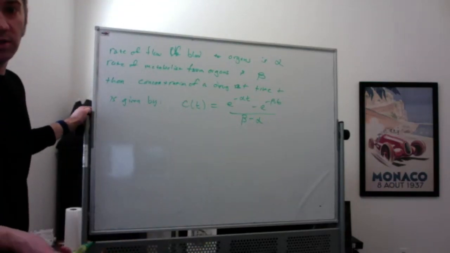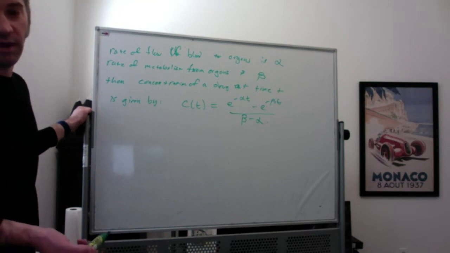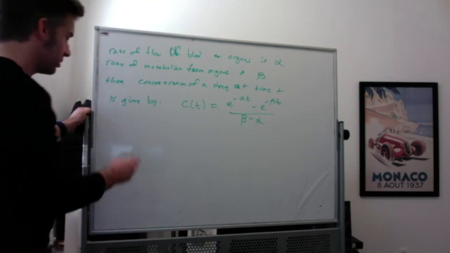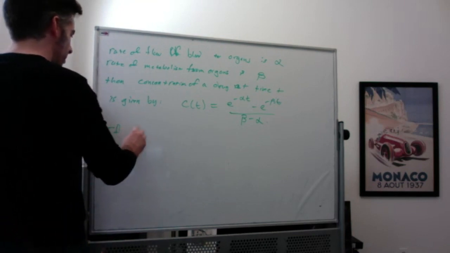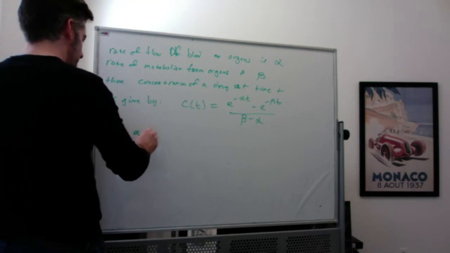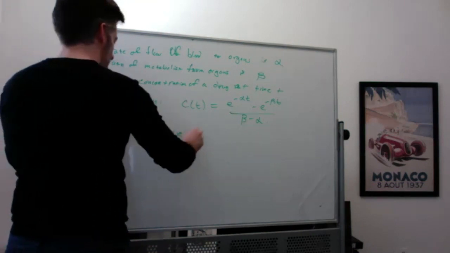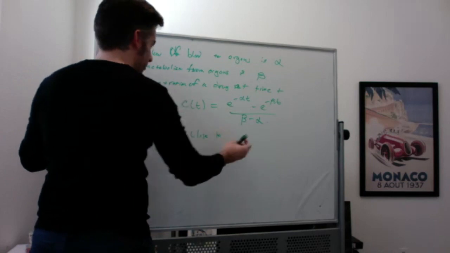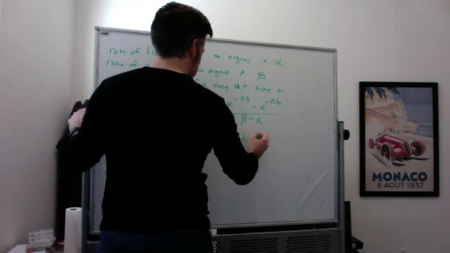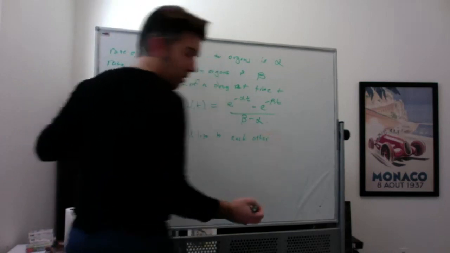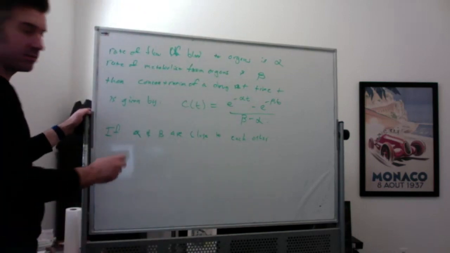What is the predicted concentration at time t if the values are very close to each other? So if alpha and beta are close to each other, what do we expect?